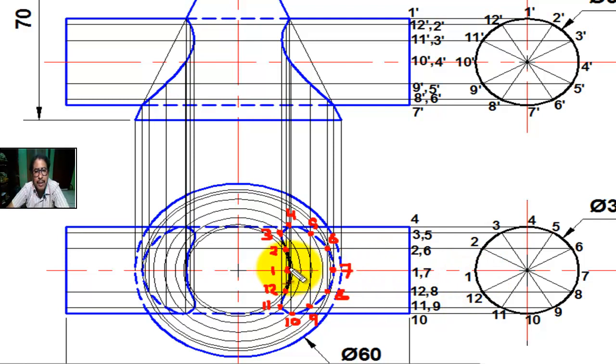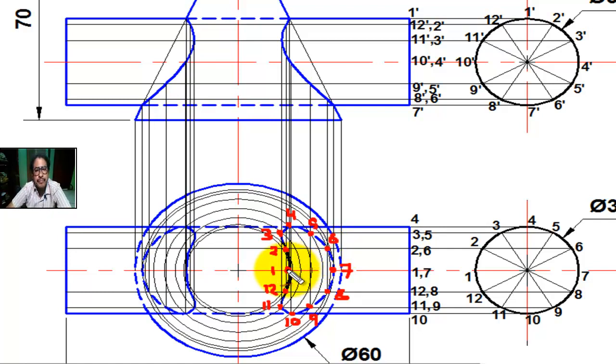From 1, this is the intersection point, 1 point. From 2, this is 2 point. From 3, it is 3 number point. From 4, it cuts 4 number circle. From 5, it cuts 5 number circle. From 6, it cuts 6 number circle.